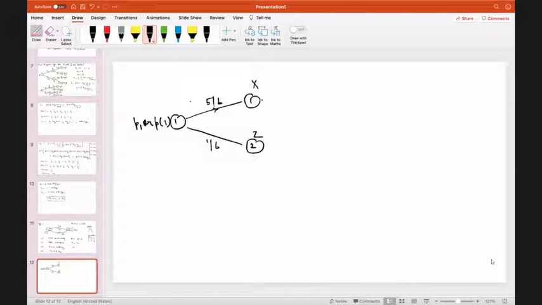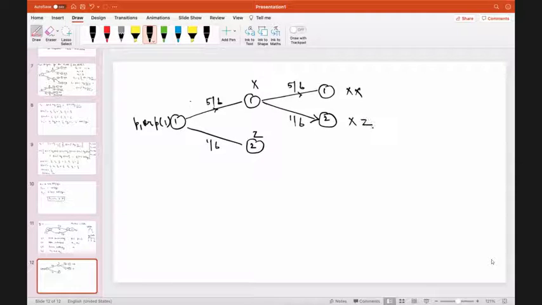Then when you are at 1, you can again go to 1, and your transition probability is 5 by 6, and then the symbol generated is XX. Or you can come to 2, and the transition probability is this, and this is XZ.